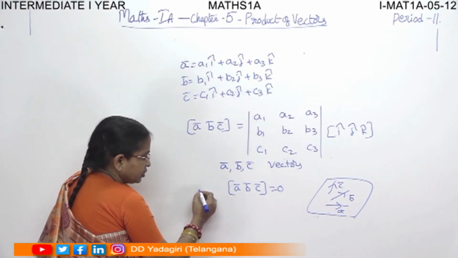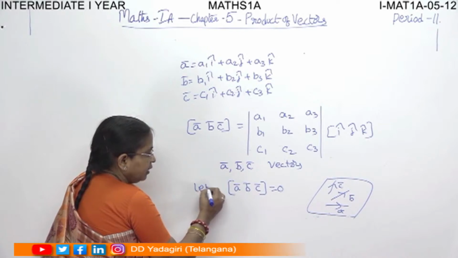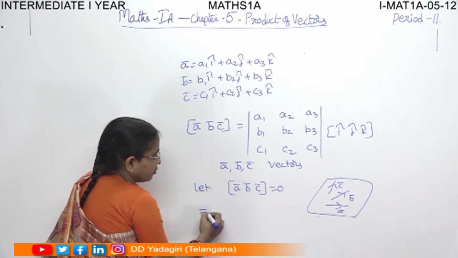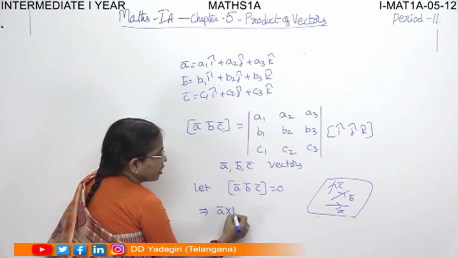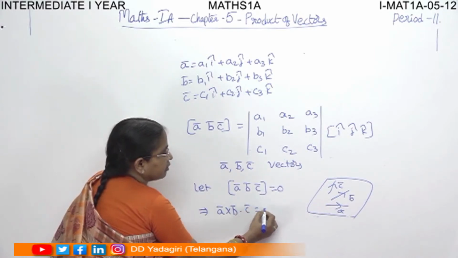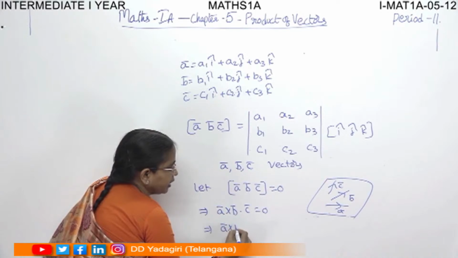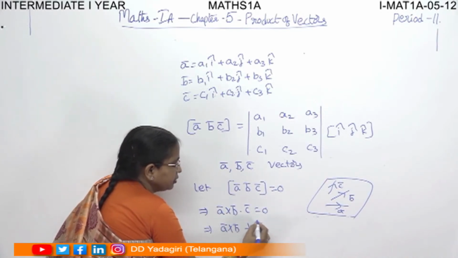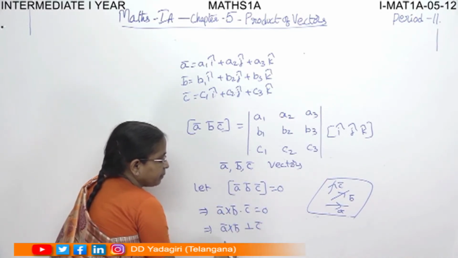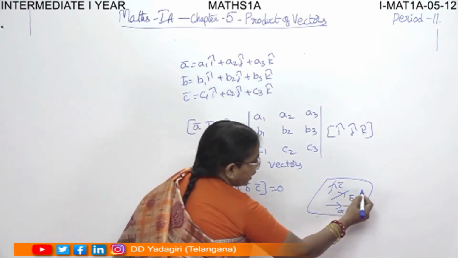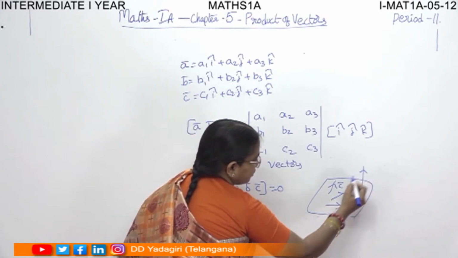So first we'll assume that box ABC is equal to 0. That means what? A cross B dot C is equal to 0. So that means A cross B is perpendicular to C. Now you know A cross B direction is this.